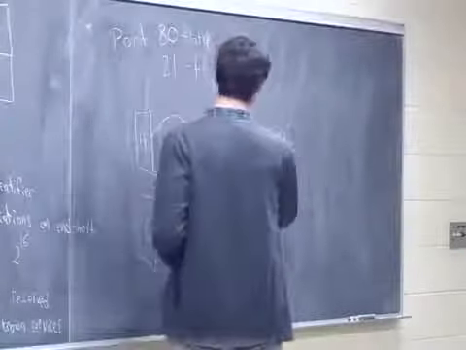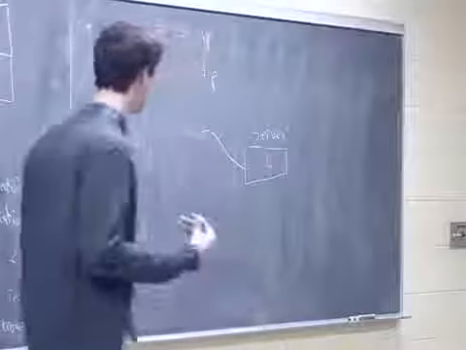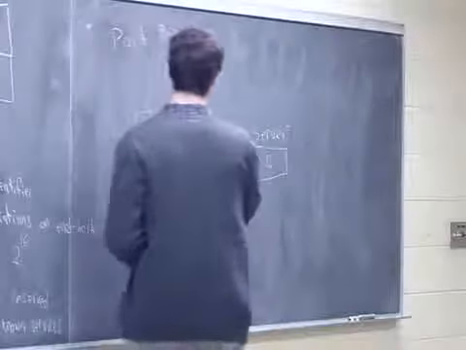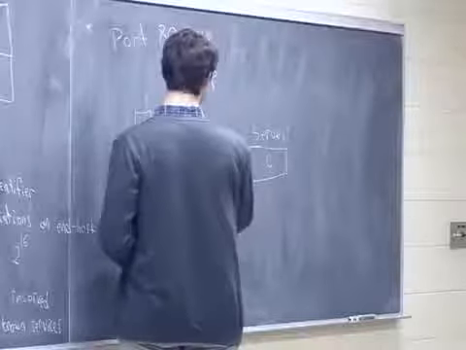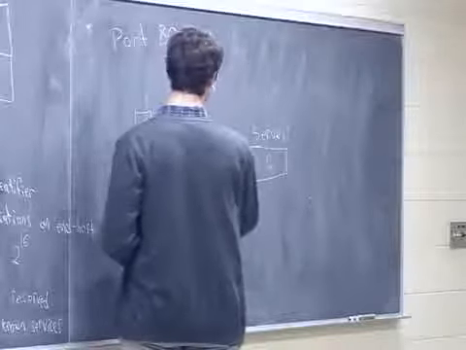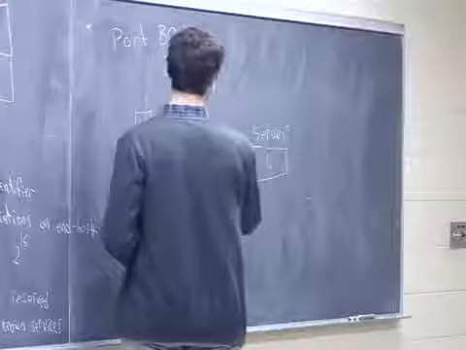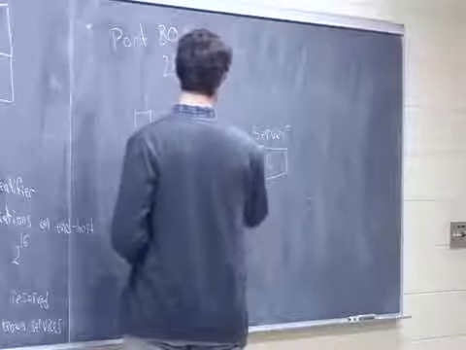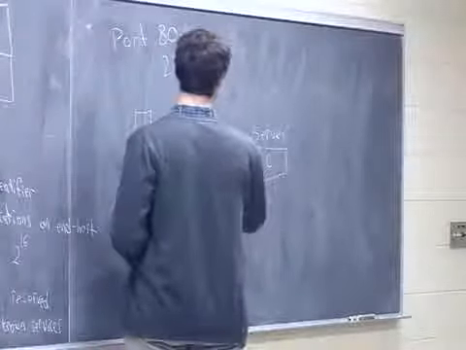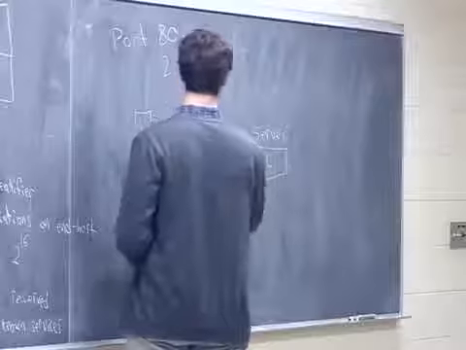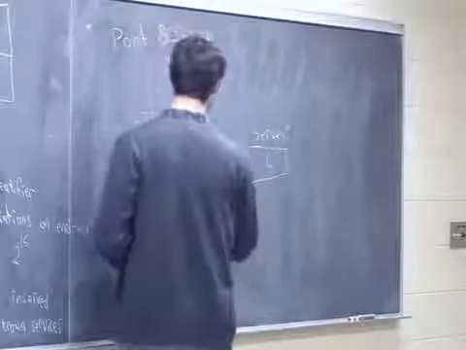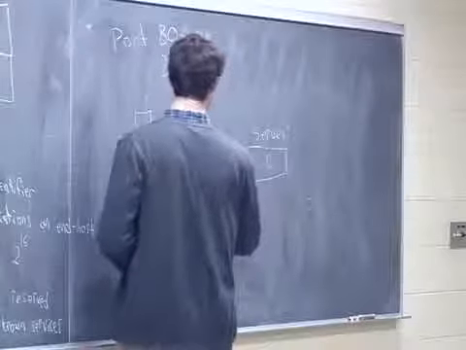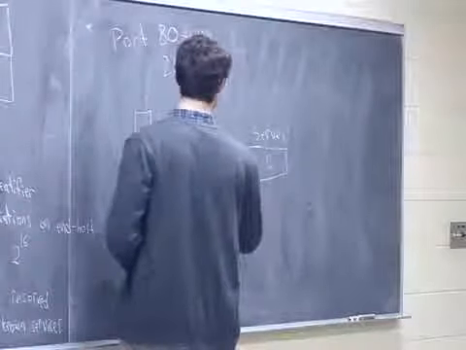All right, so it sends a segment with the following info. It'll include its source port. It'll include the destination port. And then it has to include the source IP and the destination IP.